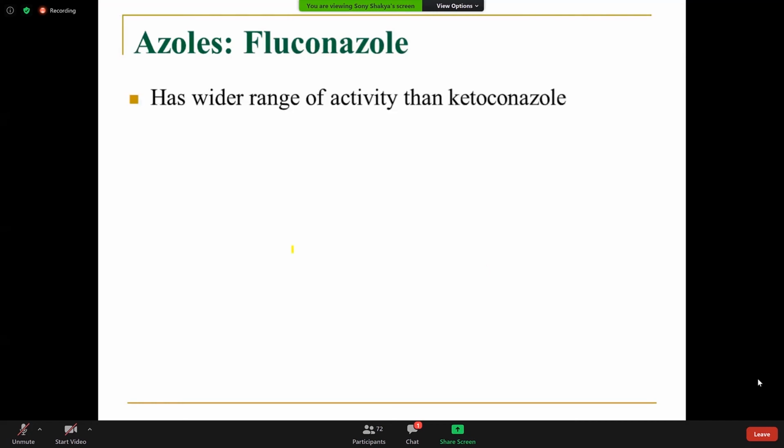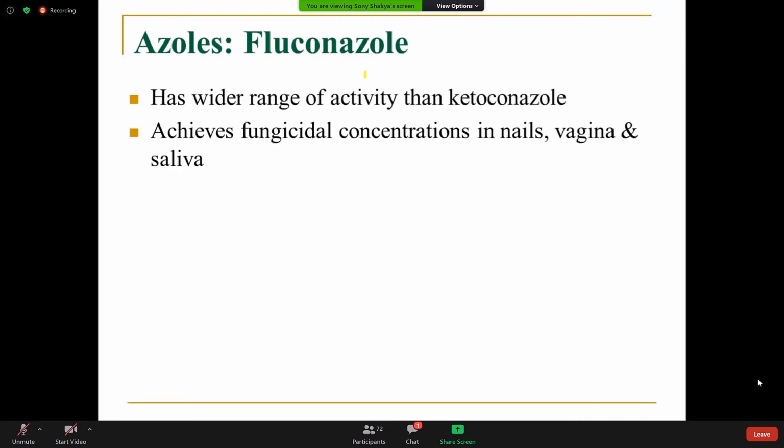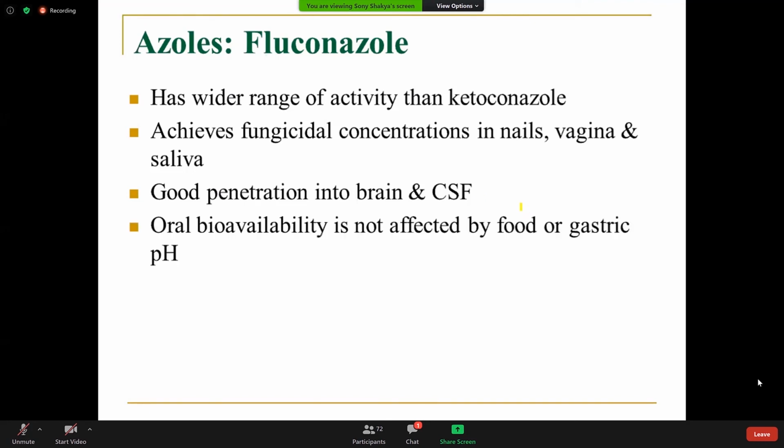Fluconazole has a wider range of activity than ketoconazole and achieves fungicidal concentration in nails, vagina, and saliva. See, fluconazole is better in fungal infection of the nails. It has good penetration into brain and cerebrospinal fluid, and oral bioavailability is not affected by food or gastric pH, unlike ketoconazole.